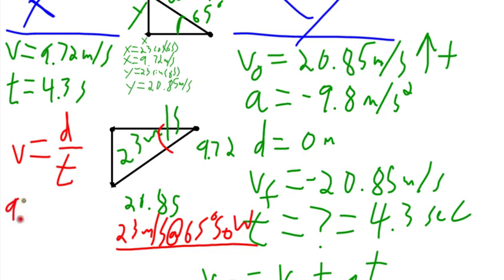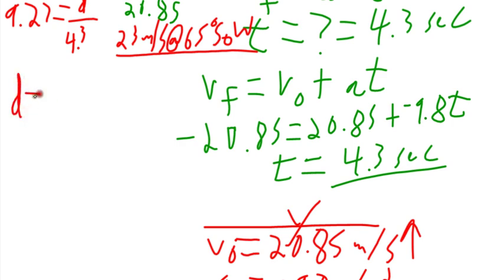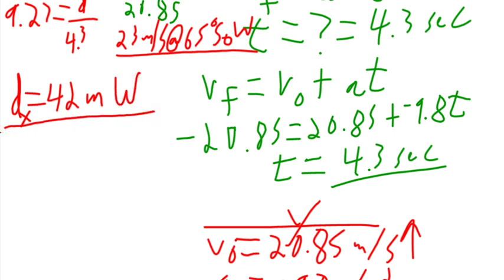So we have 9.72 is equal to d over 4.3 seconds. When you work this out, you should get a displacement in the x. I'll go and do an x subscript of 42 meters. And this is going to be going west. And there you go.